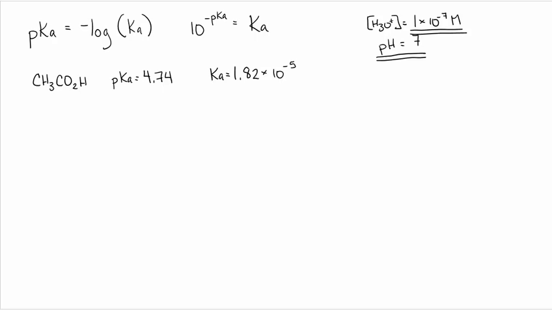Okay, so now let's try to understand what this pKa really means. So acetic acid has a pKa of 4.74. Hydrofluoric acid has a pKa of 3.14. Which is the stronger acid?